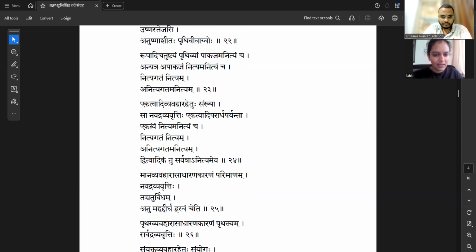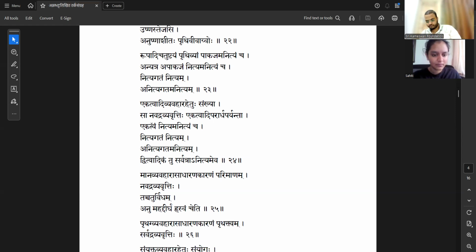Ekatvadi Vyavahara Hetu Sankhya. Sa Navadravya Vrittihi. Ekatvadi Parardha Paryanta. Ekatvam Dvividham, Nityamanityam cha.